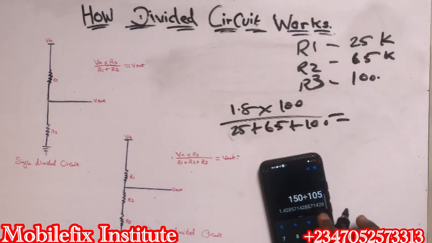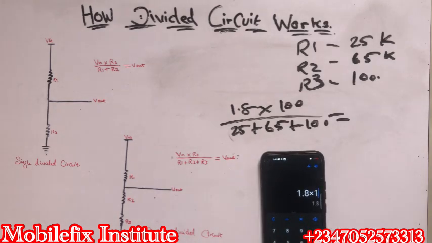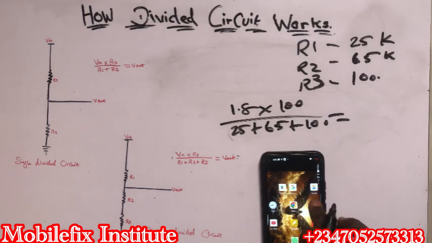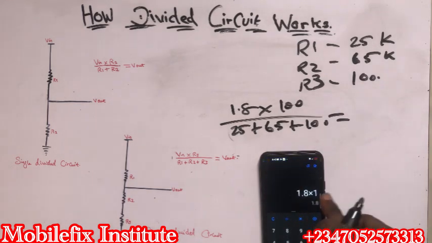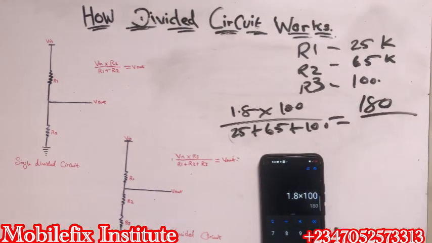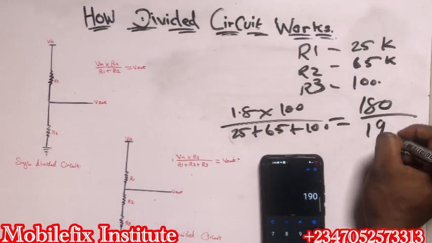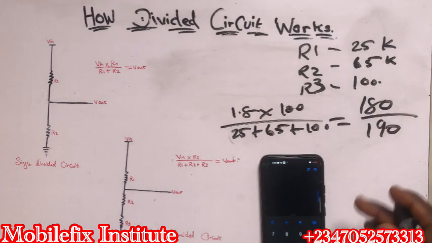So now let's calculate this. 1.8 times 100 will give us 180. Okay, 25 plus 65 plus 100 will give us 190. So if we divide this, let's see the voltage that it will give us.